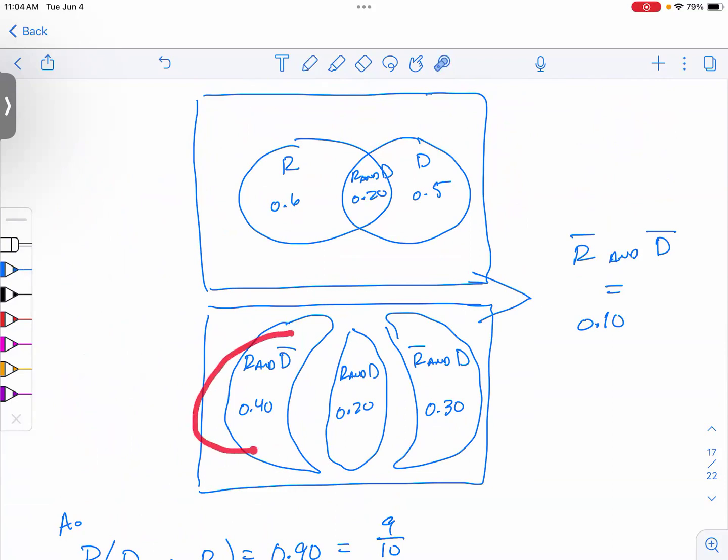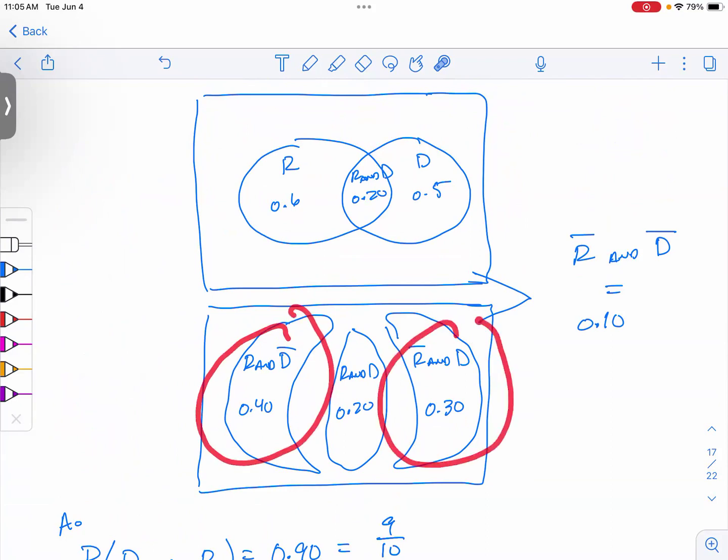Only one but not both means I'm looking at this or this, but not the middle piece. Or in statistics is inclusive, but here it's only talking about that one or that one, which means that value is 70%.